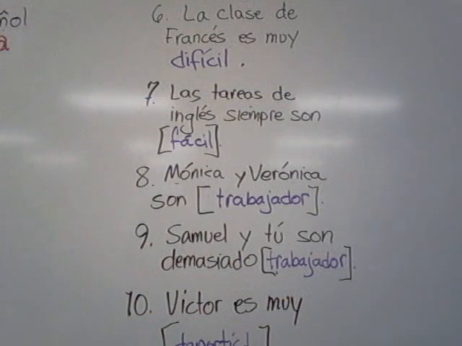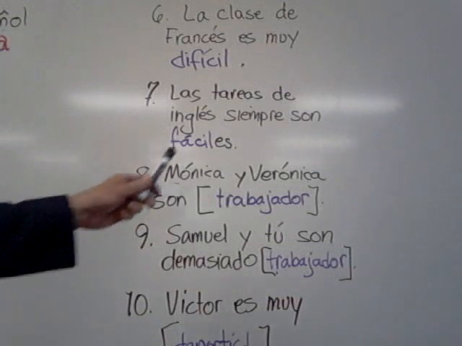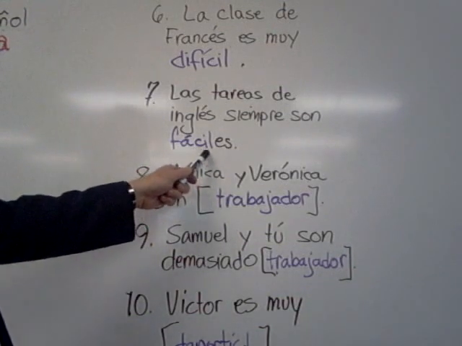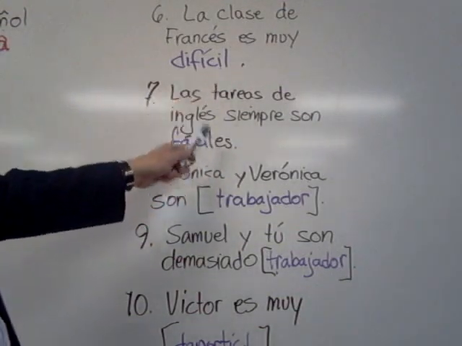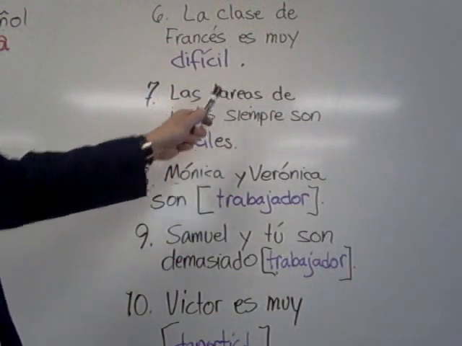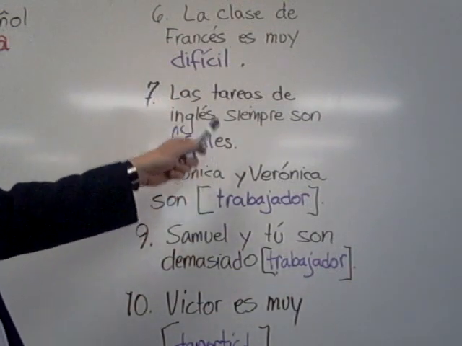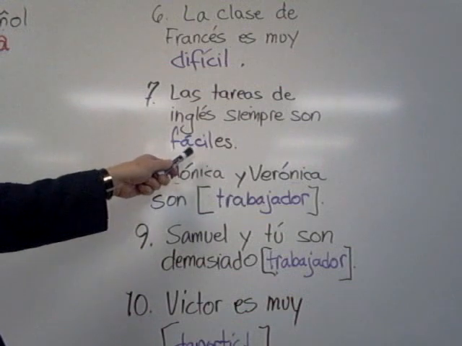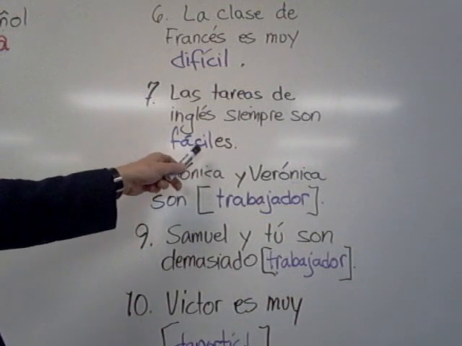Number 7. Las tareas de inglés siempre son fáciles. The homework assignments of English are always easy. Fácil, it's las tareas, the homework assignments. Fácil is the same for masculine and feminine.